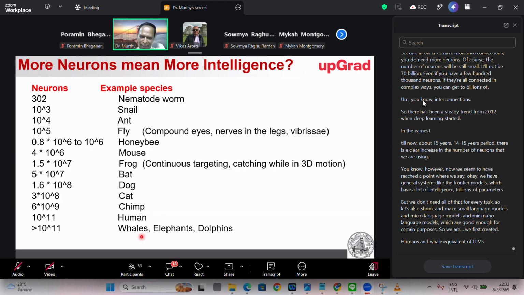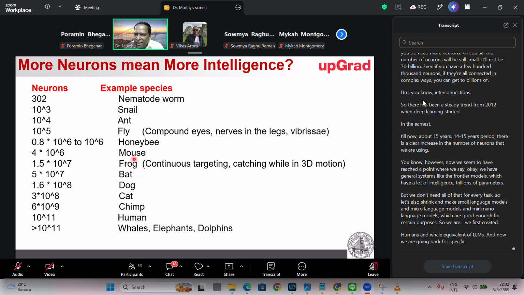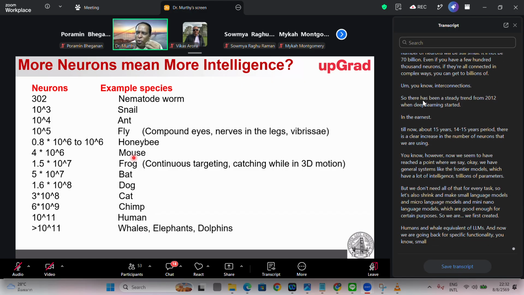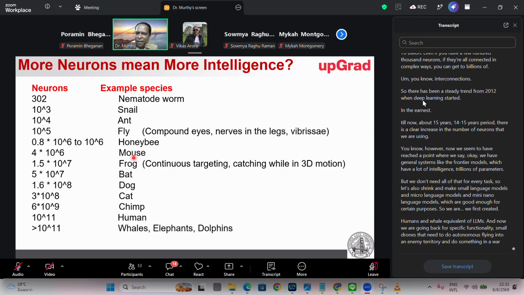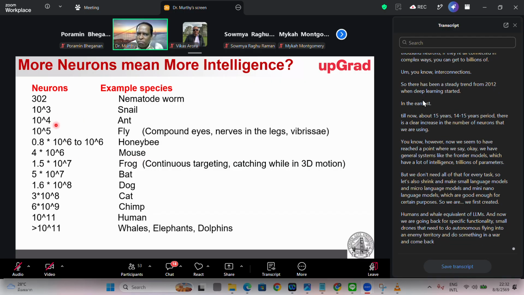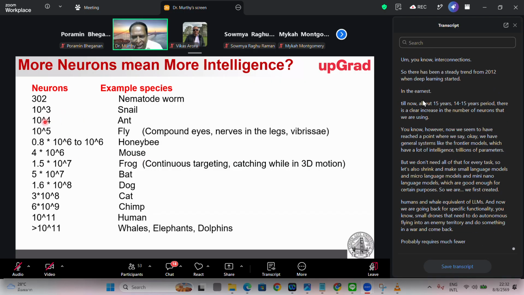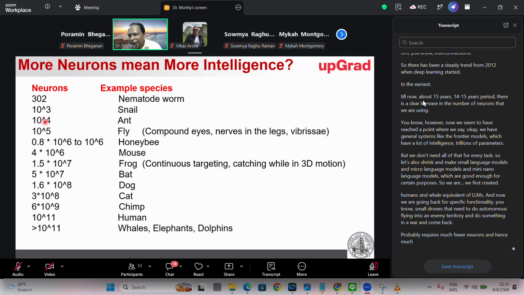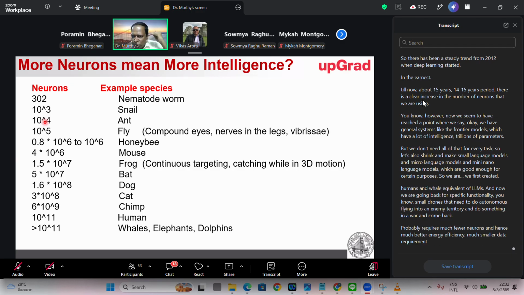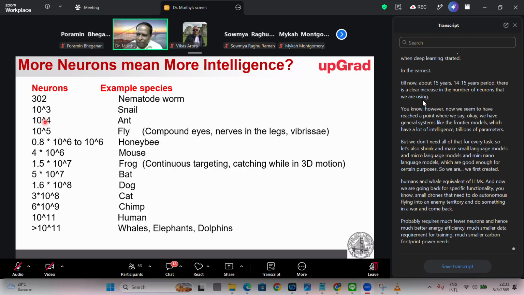And now we are going back for specific functionality, small drones that need to do autonomous flying into an enemy territory and do something in a war and come back, probably requires much fewer neurons, and hence much better energy efficiency, much smaller data requirement for training, much smaller carbon footprint, power needs, all that.